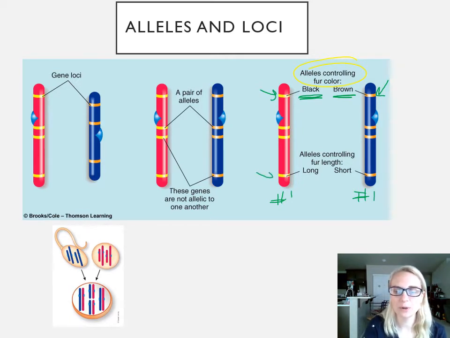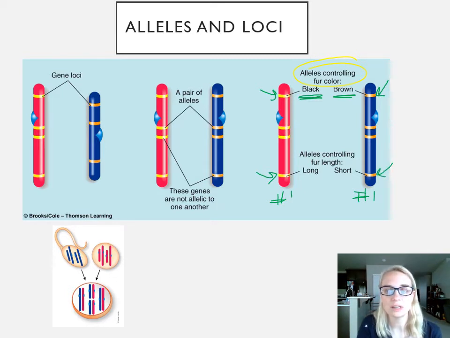At a different location on chromosome 1, let's say there is a gene that codes for fur length. So the gene is fur length, the alleles would be long fur or short fur, okay? So we are taking a look at different genes. We have fur color at that particular location on the chromosome, and we have fur length at a different location on the chromosome.